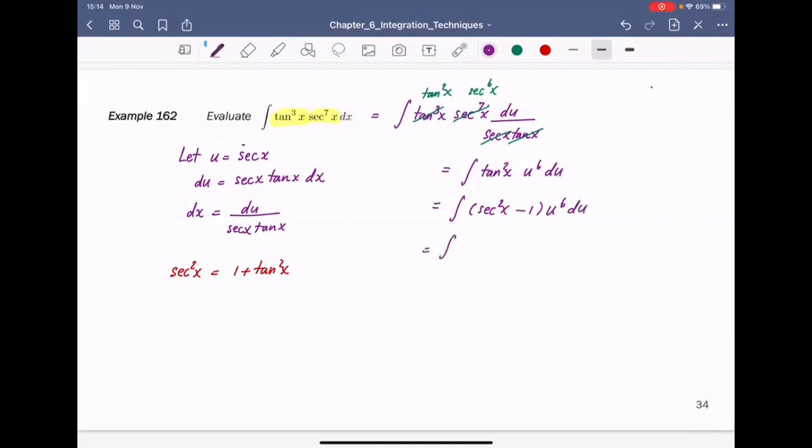If you replace secant by u, this is u squared minus 1 times u to the 6 du, which is u to the 8 minus u to the 6 du. Does it make sense? This is pretty simple, right? After that, you integrate, so you get u to the 9 over 9 minus u to the 7 over 7 plus c. That's just secant to the 9th power x over 9 minus secant to the 7th power x over 7 plus c.